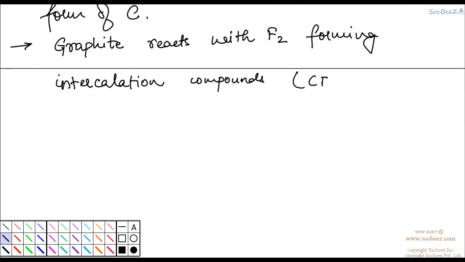Basically it is just a fact which you need to remember. If you would be asked, you would only be asked that graphite reacts with F2 to form what? So graphite reacts with F2 to form an intercalation compound, that is CFn.